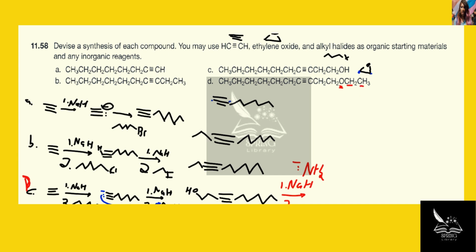So we need a 2 carbon electrophile with a leaving group, which can be any halide, say bromine, and then we get an SN2 nucleophilic attack with this O, and now there are 2 carbons. So then we get our product D from C.